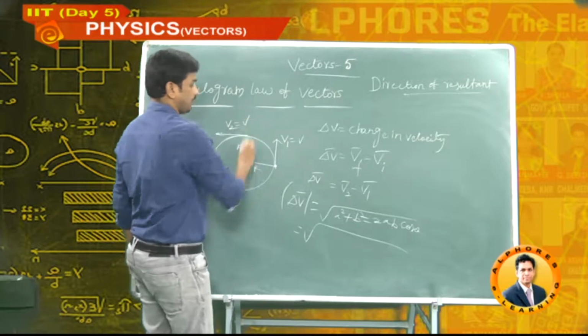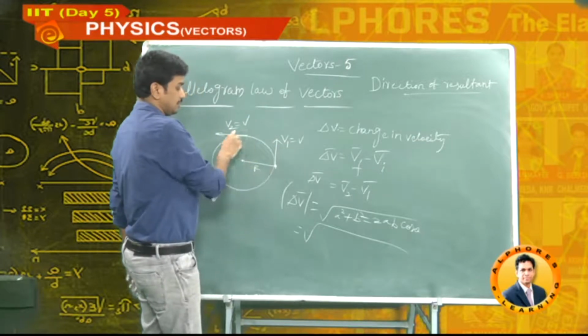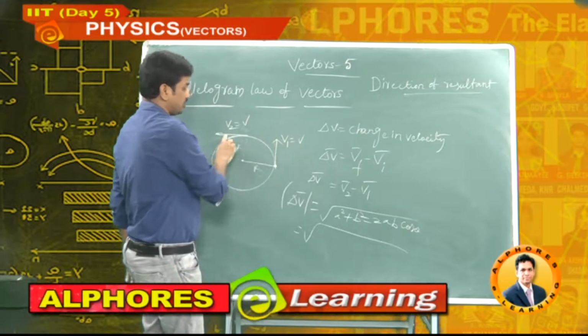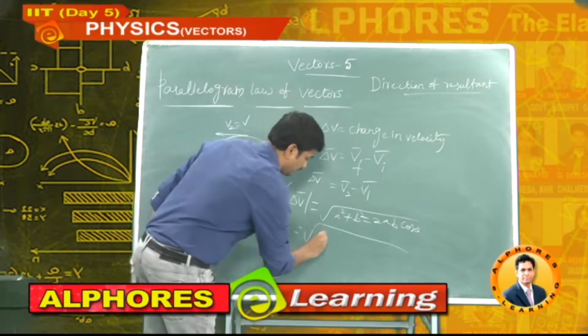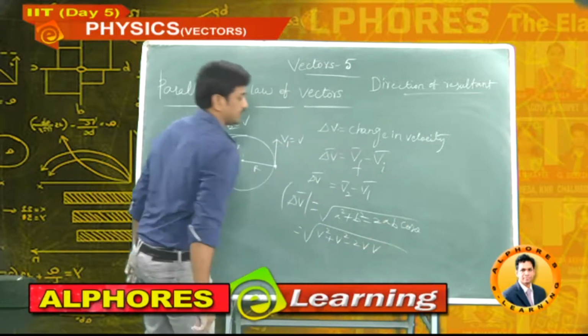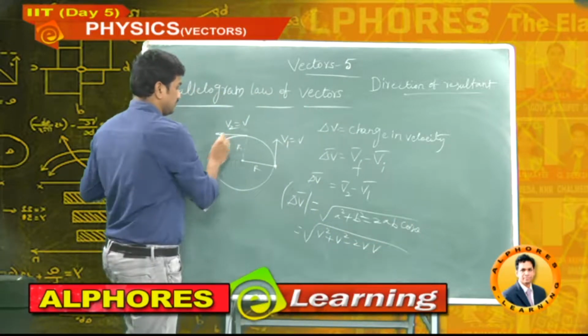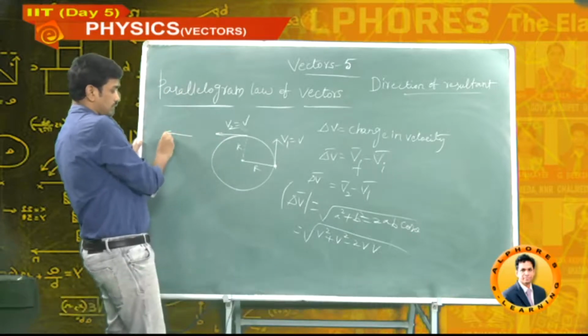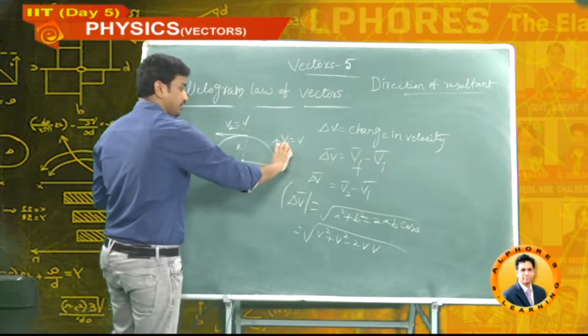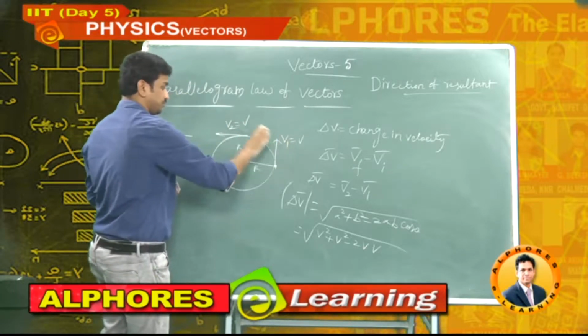So this is also v. And it is a uniform circular motion. Magnitude same, direction changed. Now, v square plus v square minus 2 into v into v cos theta. See here, this is V2, parallel shifting. This is V1, parallel shifting.